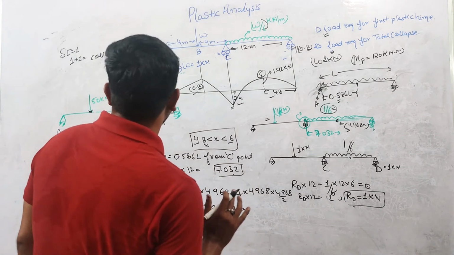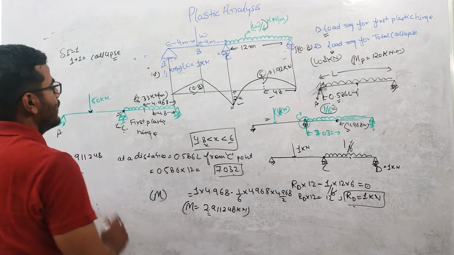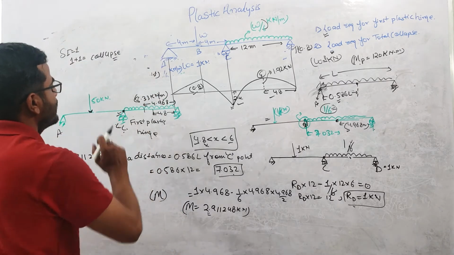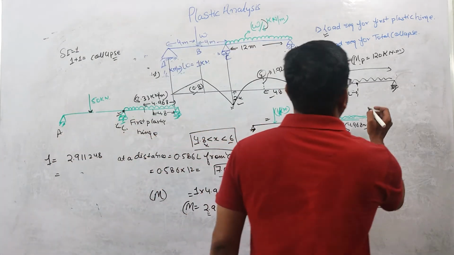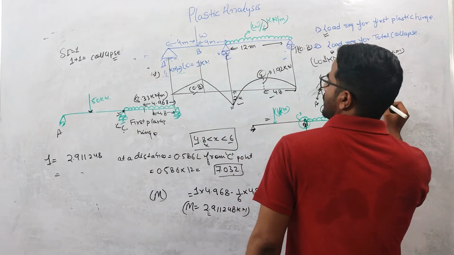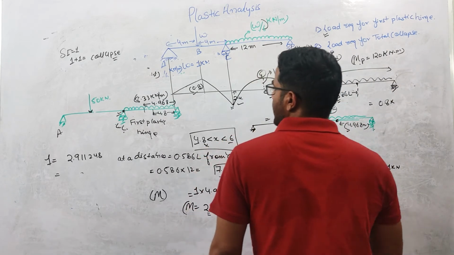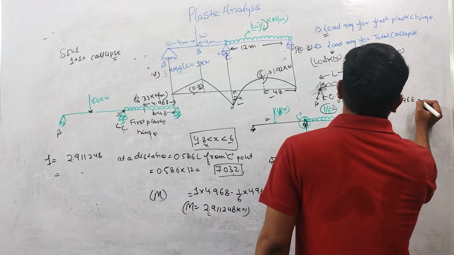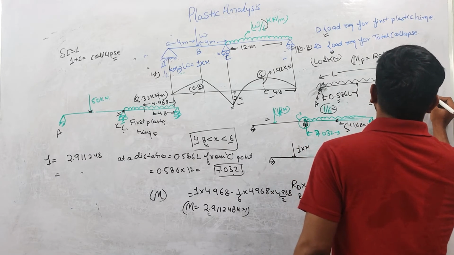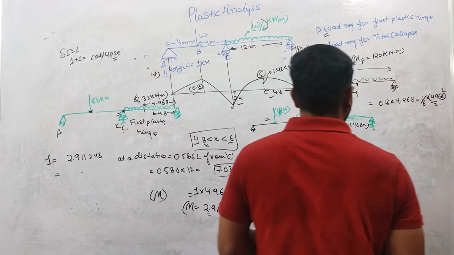Basically, when the first plastic hinge was formed, the moment generated at this point 4.968 was basically, this load is 0.38 into 4.968 minus 1 by 6 into 4.968 square divided by 2, right?